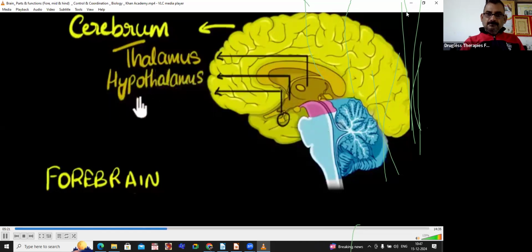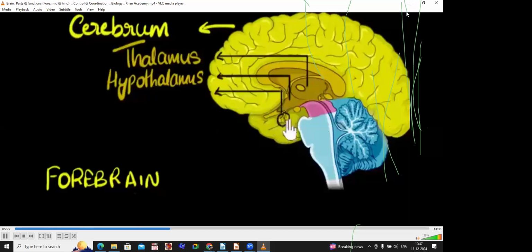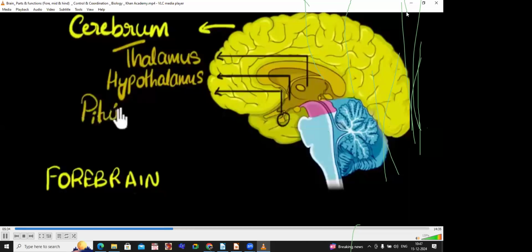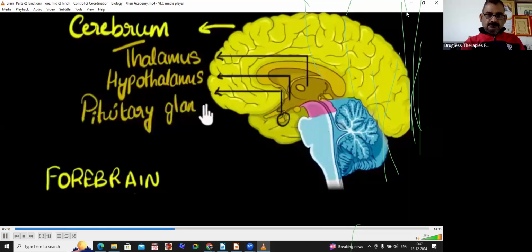Hypo kind of means lower, so it's the lower part of the thalamus, hypothalamus. And the part which we'll be interested in, the small thing that you can see over here, is called the pituitary gland. And this part over here. So these are the four parts of our forebrain.